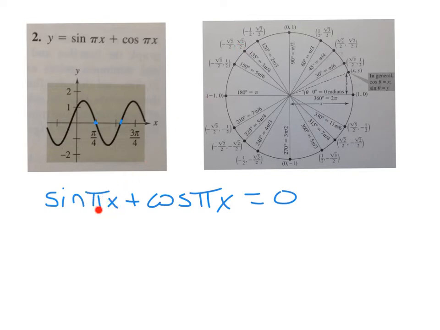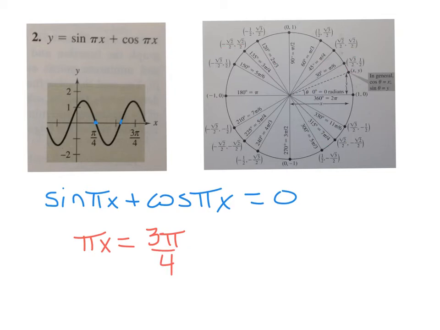But we also have this thing going on here with the pi times x. So the way we're going to do that is, this is kind of algebra stuff, I know that I want this value to be 3 pi over 4.